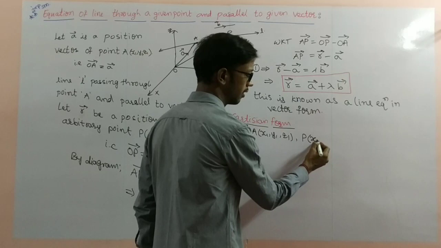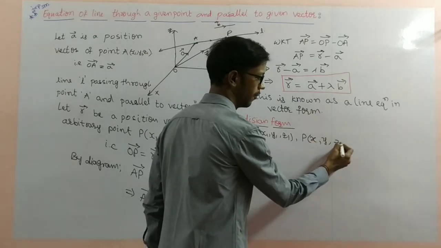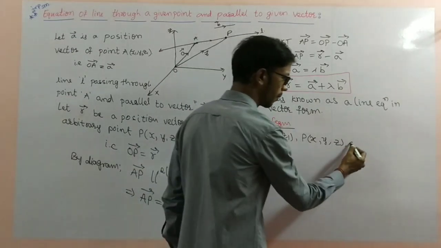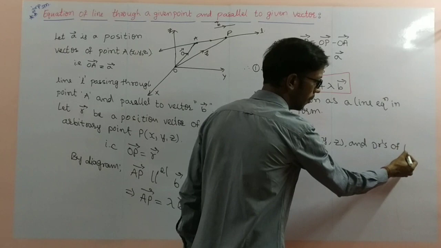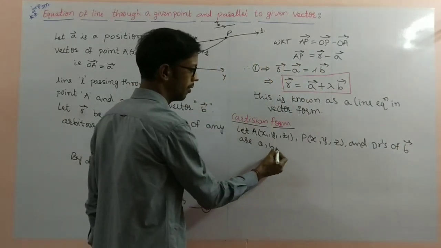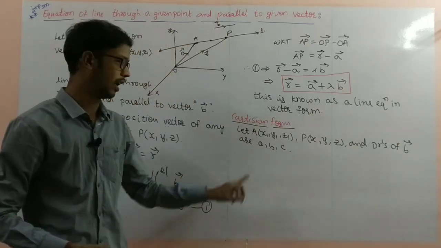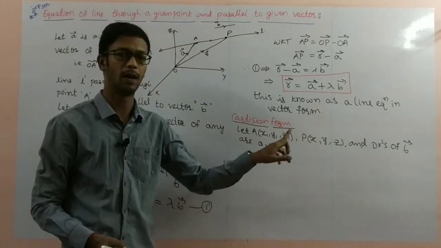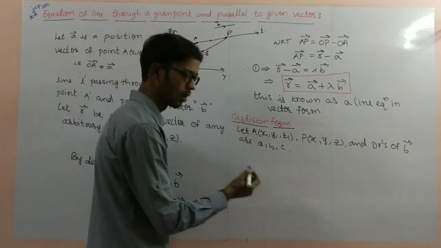P is x, y, z, and the direction ratios of B bar vector are a, b, c.